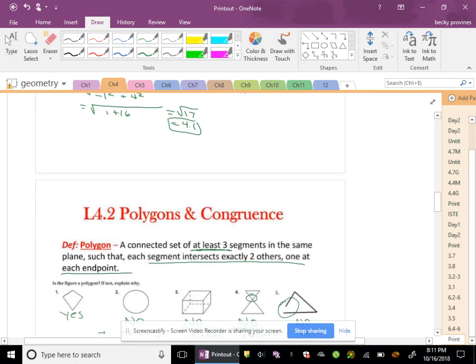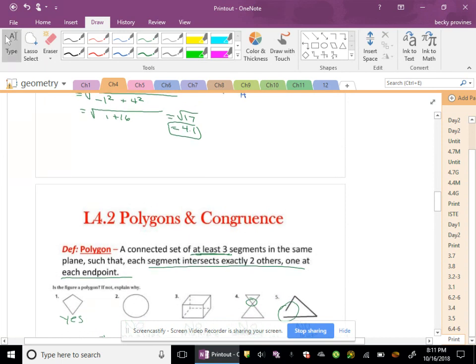Okay, so moving on, we're going to talk about a polygon. A polygon is any shape that is connected with at least 3 segments, and they have to be in the same plane, and each segment intersects exactly 2 others at the endpoints.